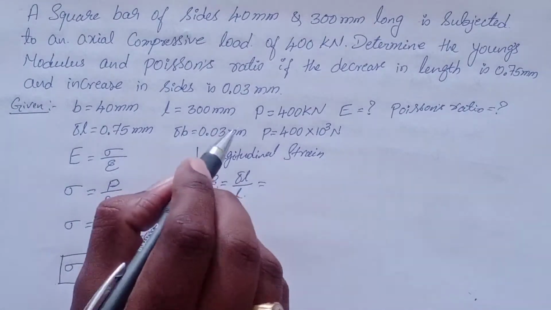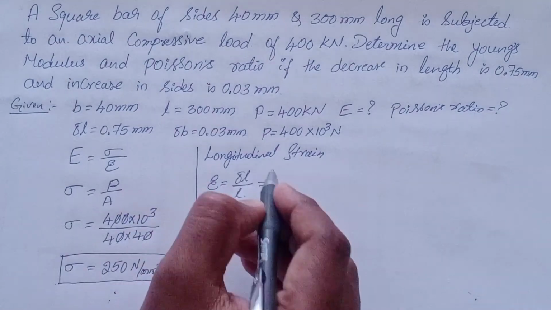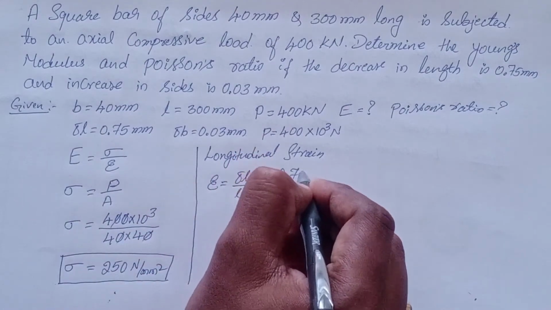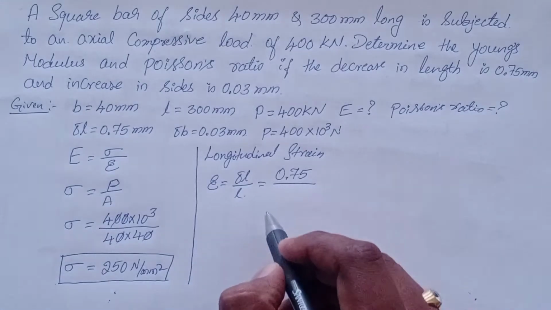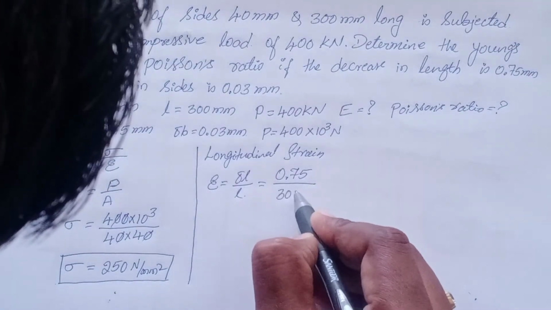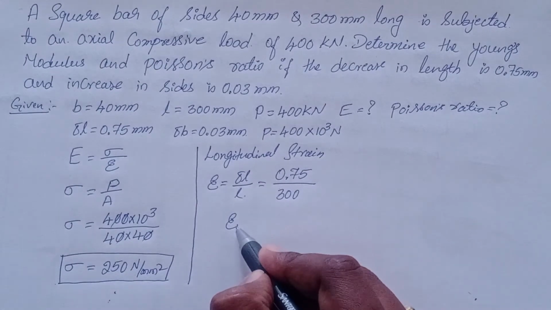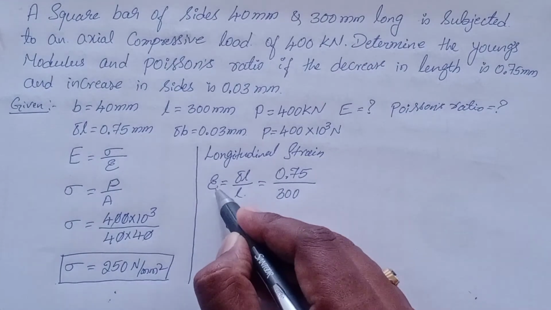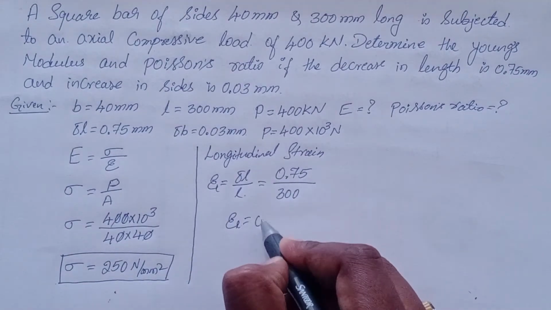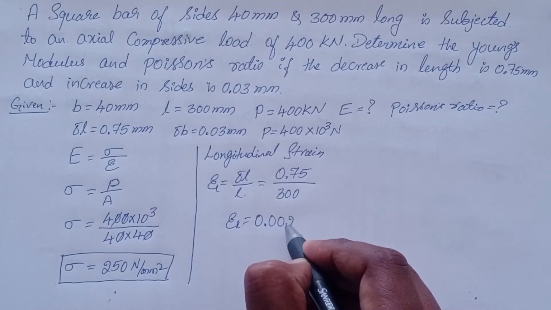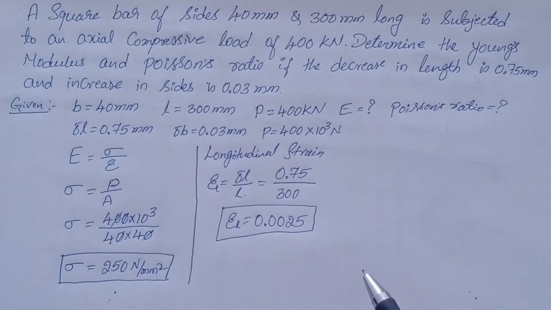Delta L is 0.75 mm, divided by L, the original length, 300 mm. So epsilon of L, the longitudinal strain, is 0.75 divided by 300, which gives 0.0025.